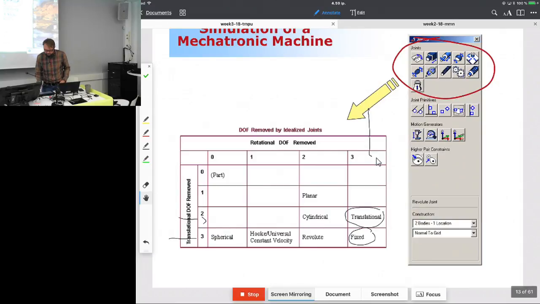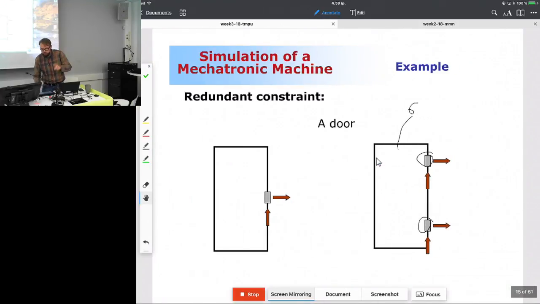If I have a revolute joint, I need 5 constraint equations to describe 1 revolute joint. And now I have 2, so I need 10 constraint equations. 6 minus 2 multiplied by 5, that's 10.